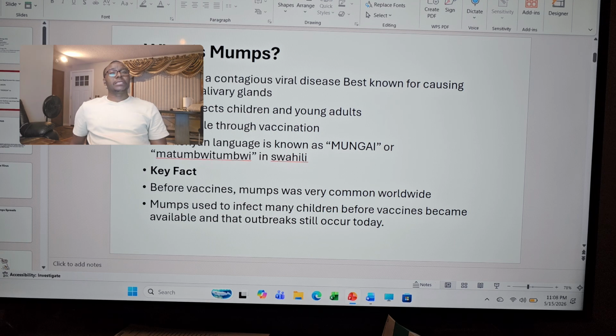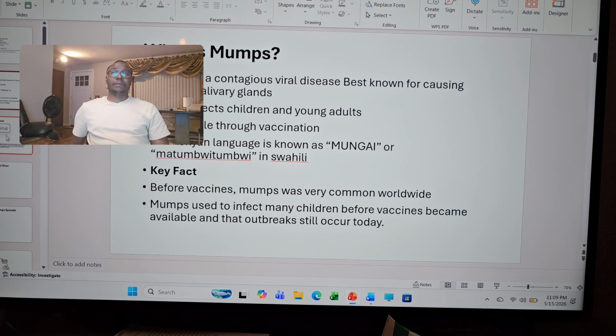Before the vaccination, mumps was very common worldwide. You could find people with swollen salivary glands, people with loss of appetite, and mumps used to infect many children before the vaccine became available, and outbreaks still occur today.